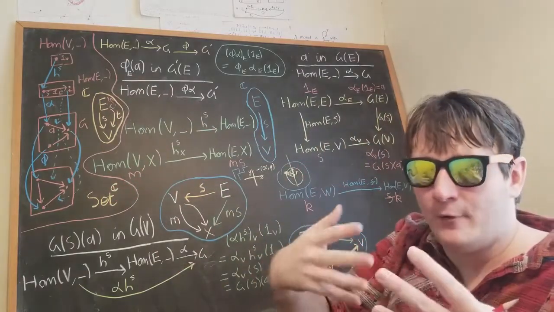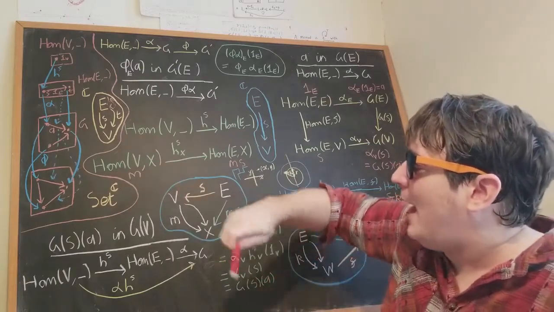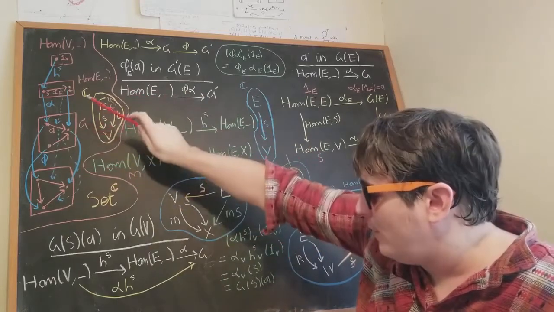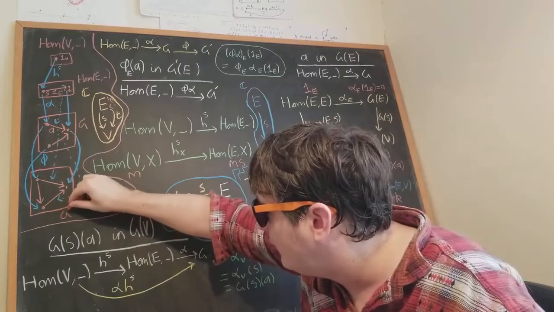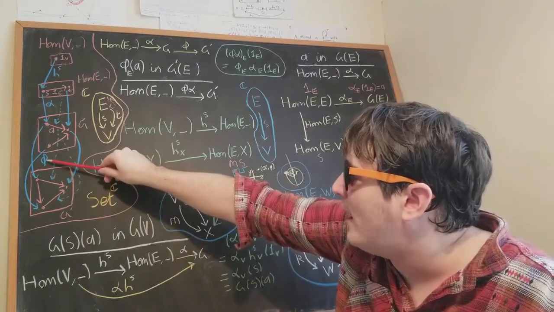But we want to know how to talk about two particular things. One of them is, how do we talk about a natural transformation from one of these functors, g, to another one of these functors, g dash, say a natural transformation phi?